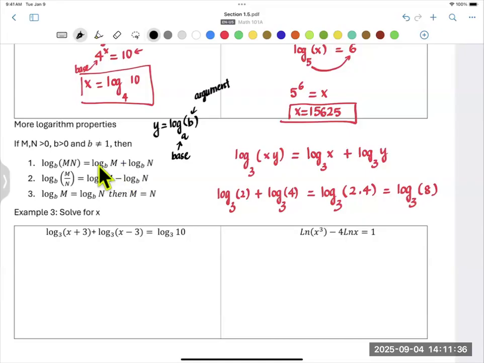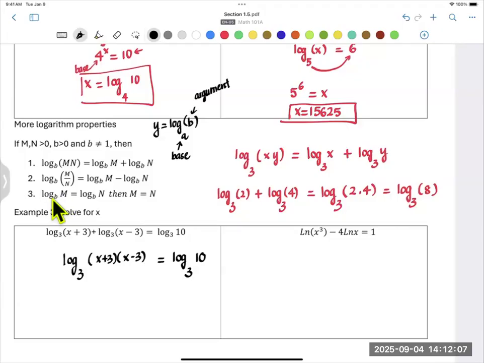So we apply the product rule. For the plus, we're going to have log base 3 of the product of their arguments. So we're going to have x plus 3 times x minus 3, and that's going to equal the right hand side, which is log base 3 of 10. Since we rewrote the sum as a product, we can take the last property.